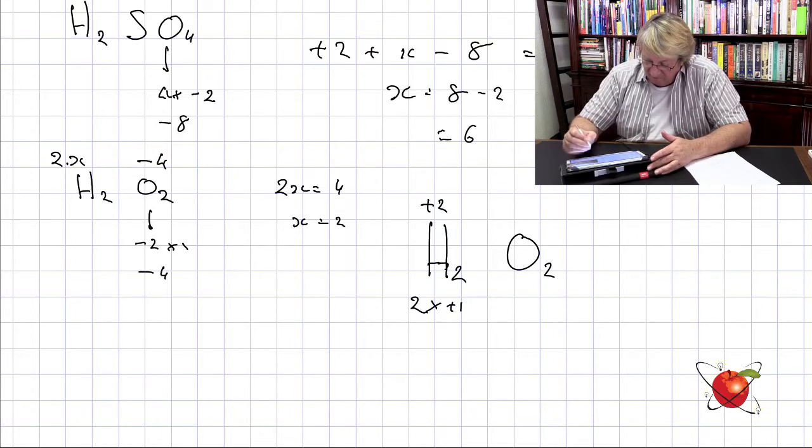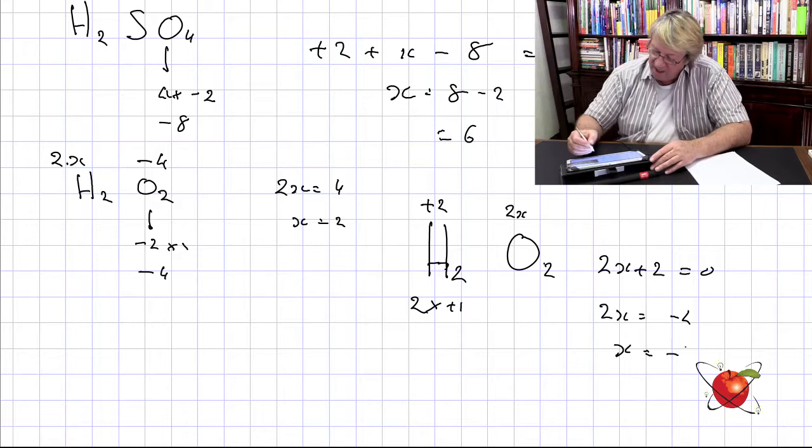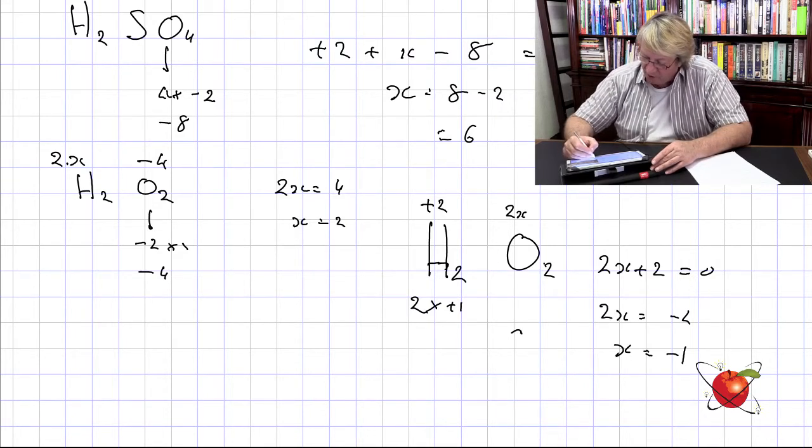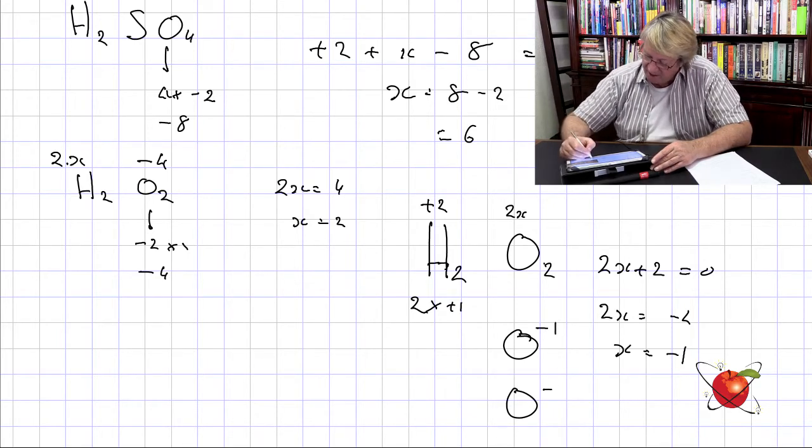Therefore 2X, for the two oxygens, plus 2 must be 0. Agreed? Therefore, 2X must be -2. X is -1. So the oxidation number in this case of O is -1, and the other one is a -1.